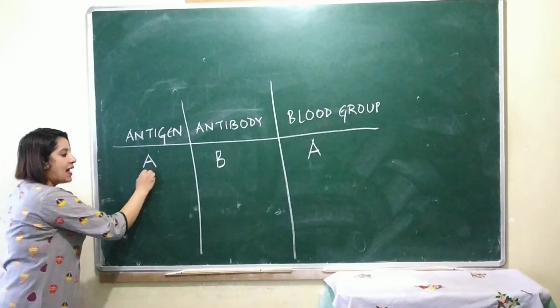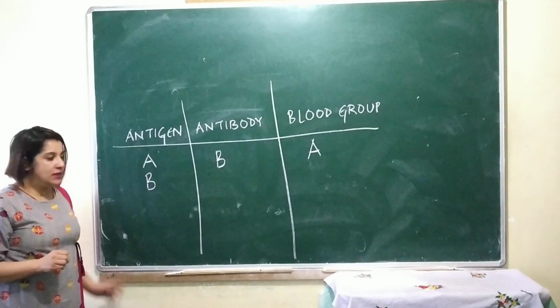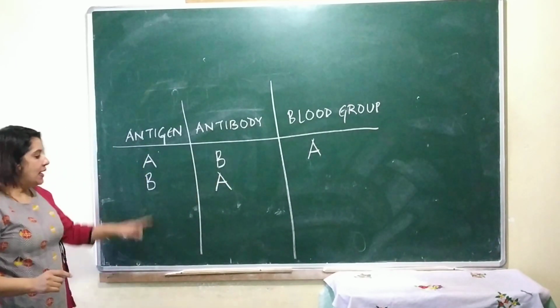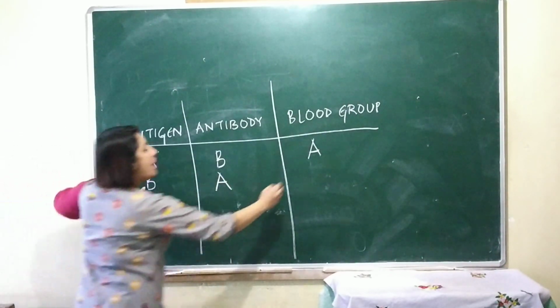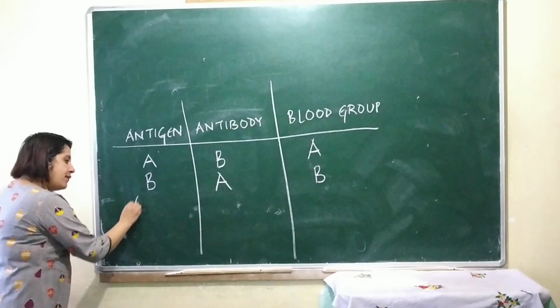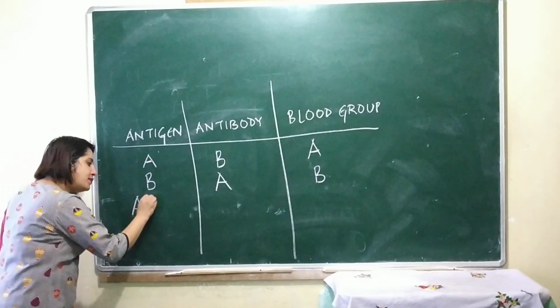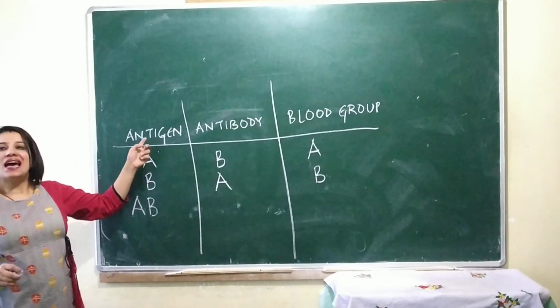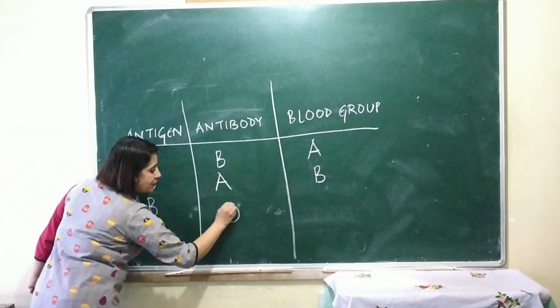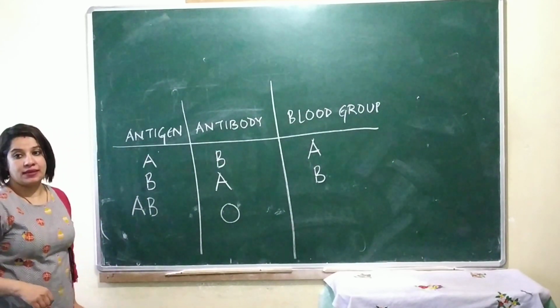Similarly, if antigen B is present, antibody will always be A and your blood group will be B. If both A and B are present as antigen, then no antibody is present.